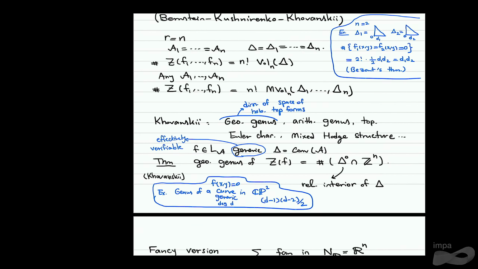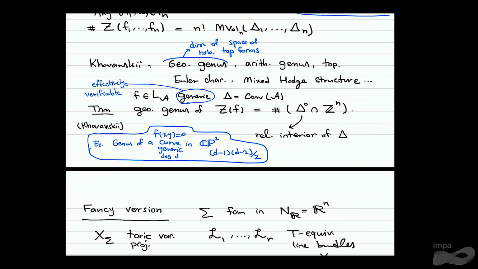Okay, and another example of Khovanskii's theorem is that if you have one equation f equal to 0, a hypersurface, then the geometric genus of your hypersurface is the number of lattice points in the interior of the Newton polytope. It generalizes the well-known formula for the genus of a curve of degree d.